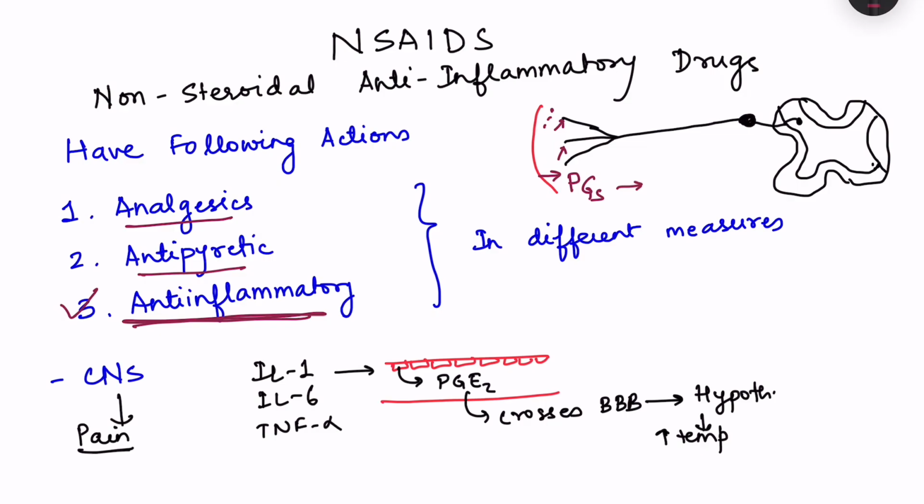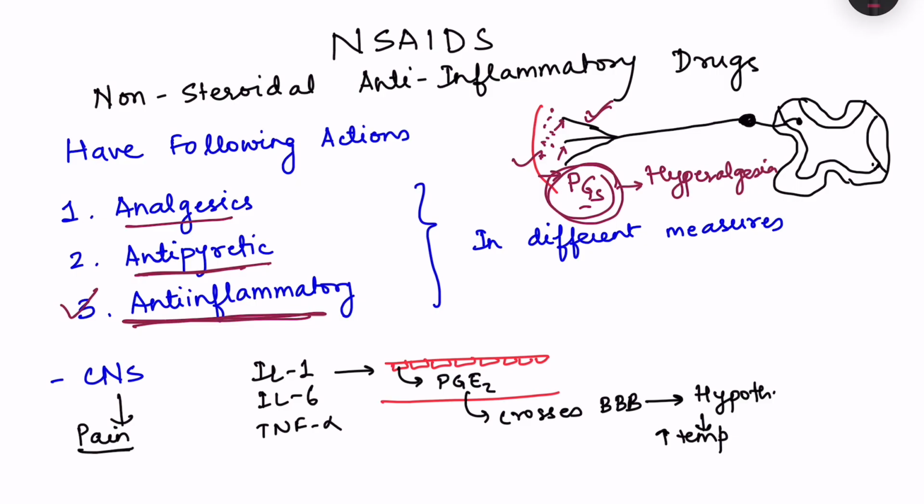See here, a lot of chemicals will be released which are stimulating the sensory nerve endings, and these prostaglandins are also released and they increase the sensitivity of these sensory nerve endings. This is known as hyperalgesia. So with the same stimulus, now more pain is going to occur. So NSAIDs are going to block the production of prostaglandins from these damaged tissues and thus decrease the pain.